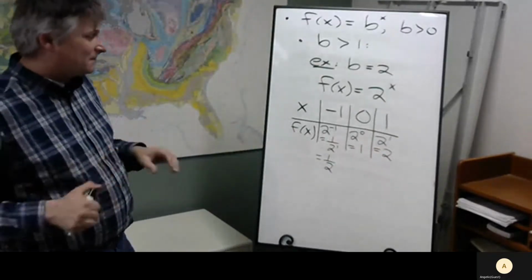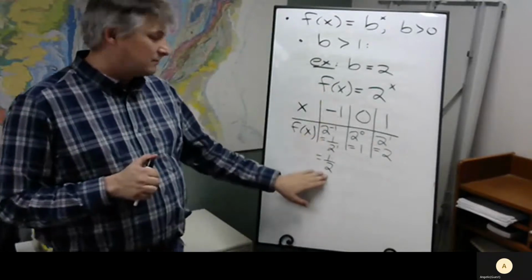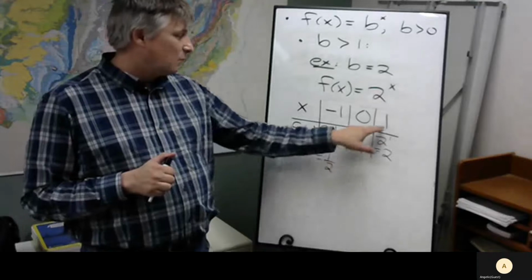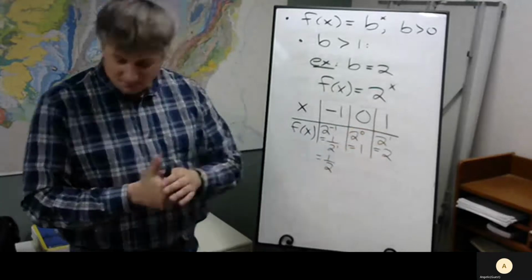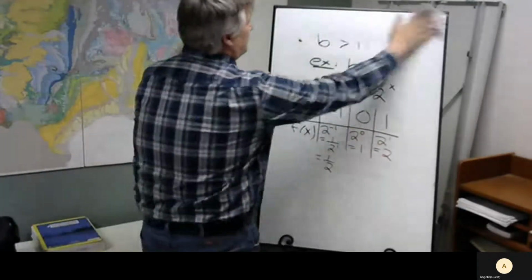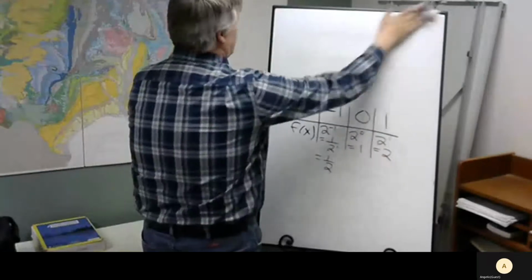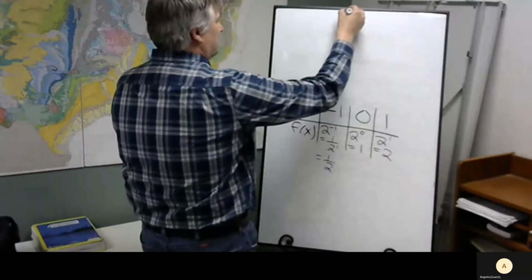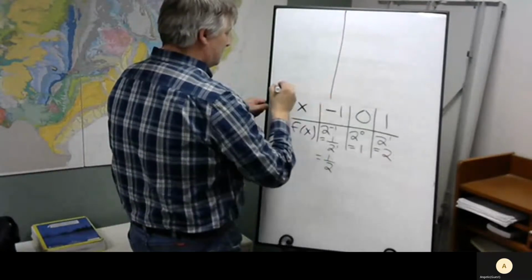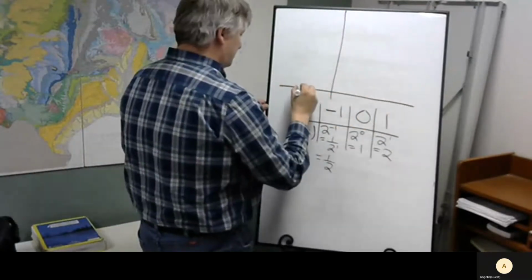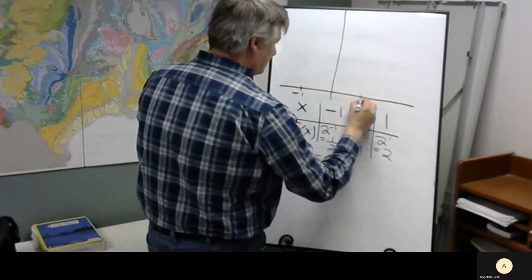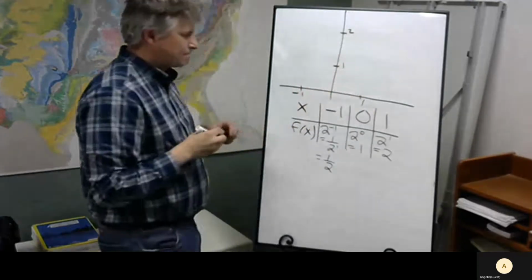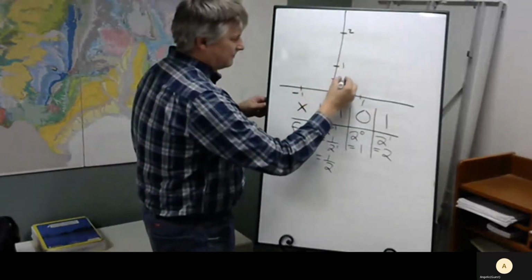So what we have is this. -1, we get a half. 0, we get a 1. 1, we get a 2. So if we graph this, this would be 1/2.